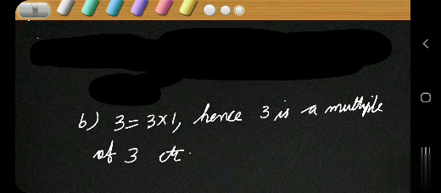Okay, now let's discuss the second property. The first property is every number is a multiple of itself. Who can say the second property? From the same steps, what can we say?